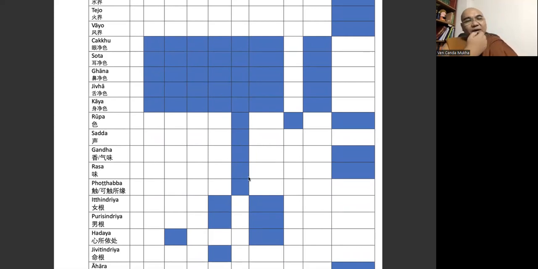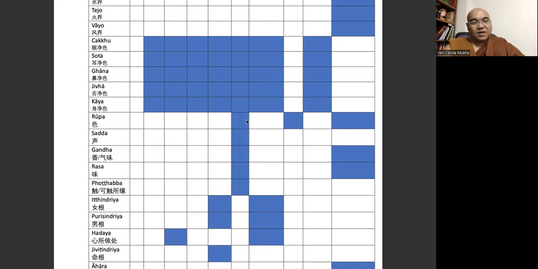Actually, 12 rupa, because Potapa is a combination of earth, fire, and wind. That's why if we enumerate, we say the 12 Olarika rupa, 12 gross rupa.